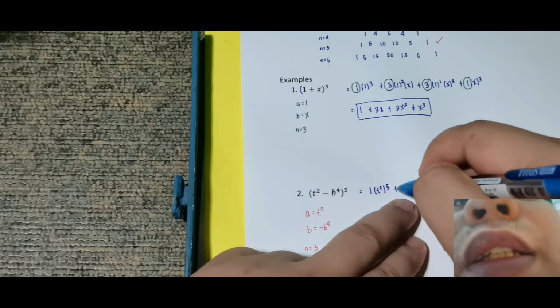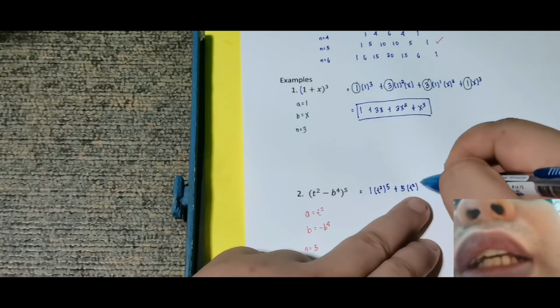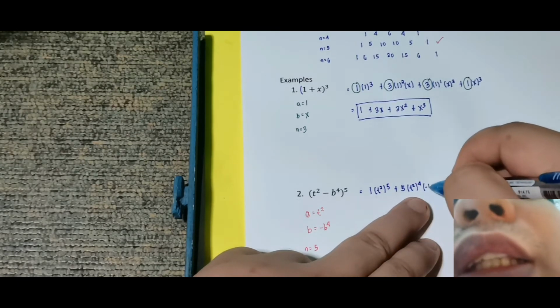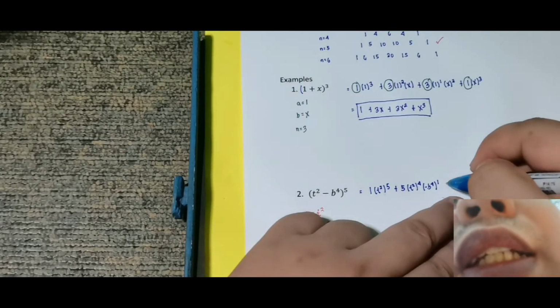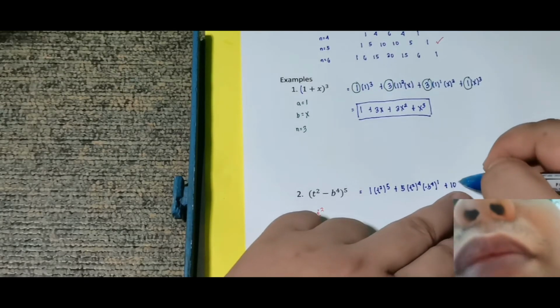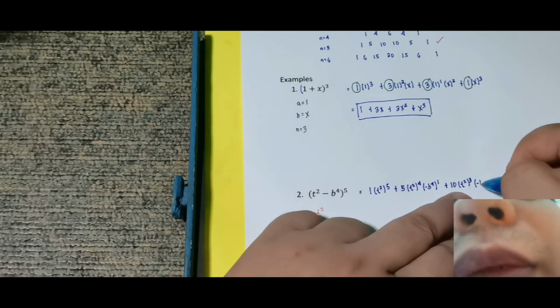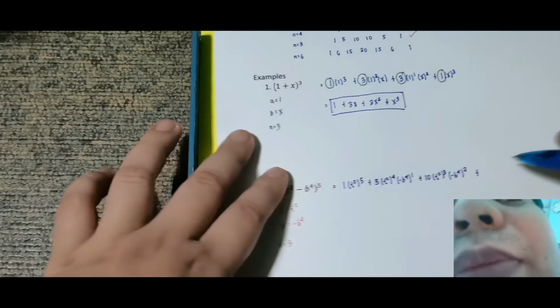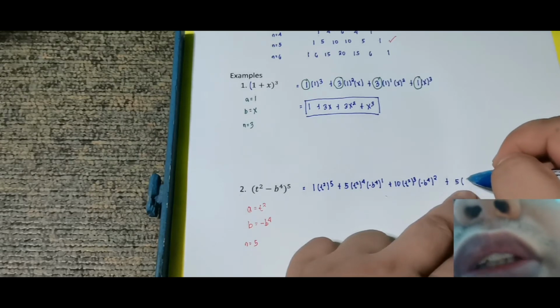Okay, next plus 5 to, tapos times t squared raised sa 4, tapos negative b raised sa 4, raised sa 1. Okay, then plus, sunod is 10. Ito ay t squared raised sa 3, then negative b raised to 4 raised sa 2. Then plus, sunod is 5, no? That is 5.